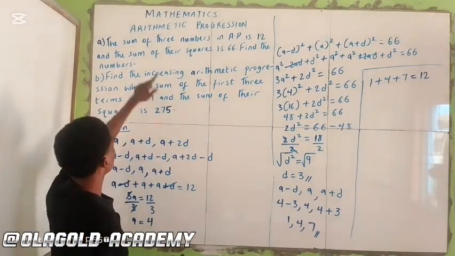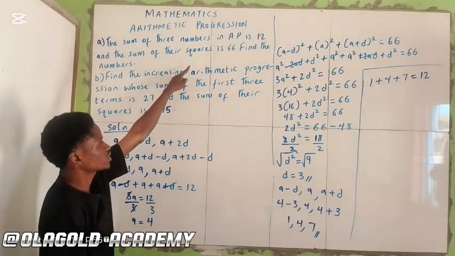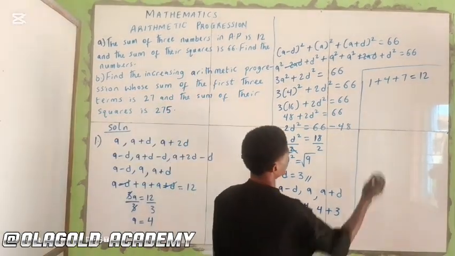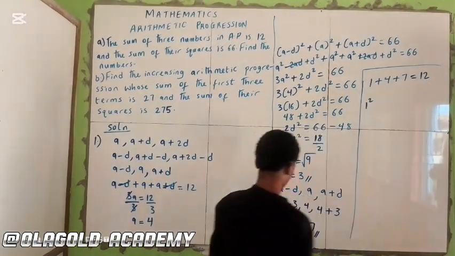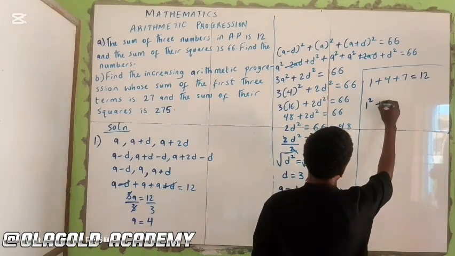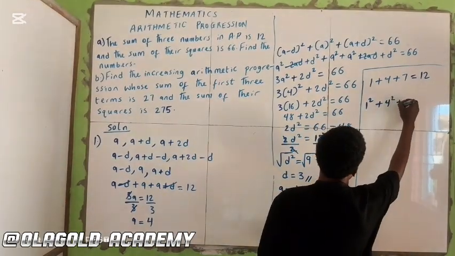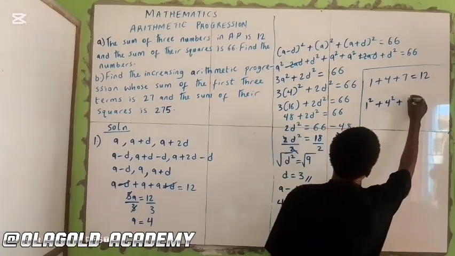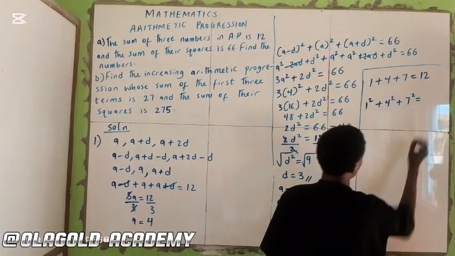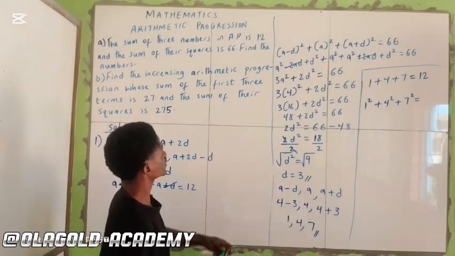Now let's check if the sum of their squares is 66. Alright? 1 squared plus 4 squared plus 7 squared. Are we really going to get 66?